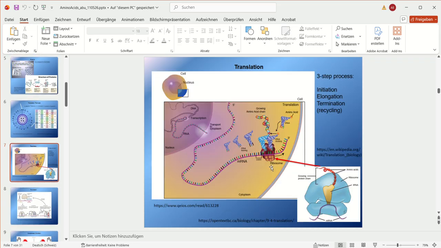Now, what do we need that for? This is a cell, and it has a nucleus for the higher animals and plants. So what happens if you need a protein is, first you have to open the DNA. The DNA is not free, it is wrapped around special proteins that can open the DNA up. And then it is transcripted into RNA. And now we have to be cautious, because RNA can mean 2 different things.